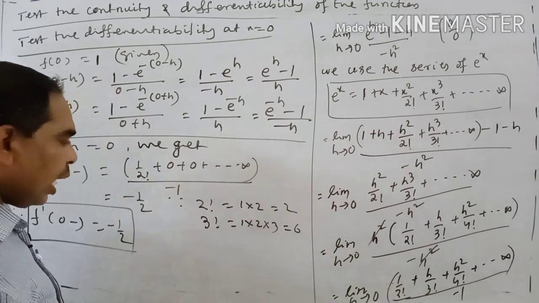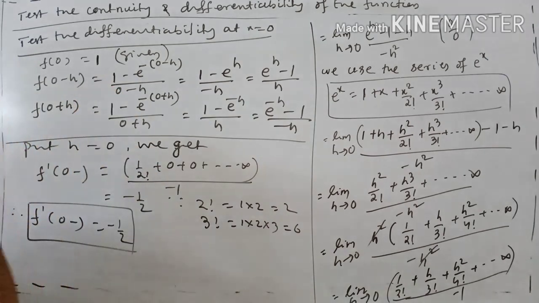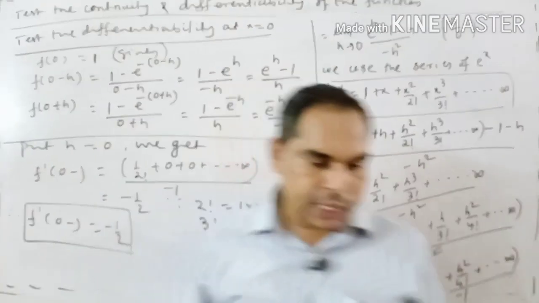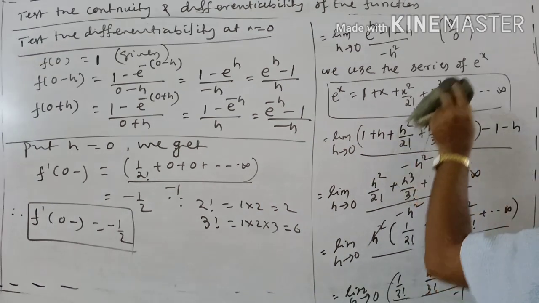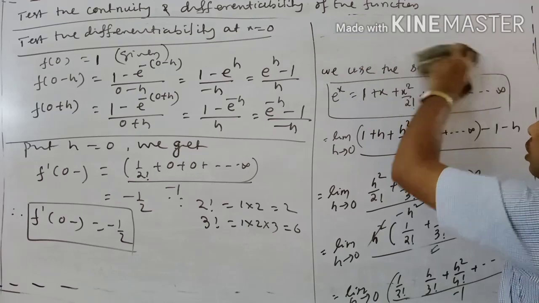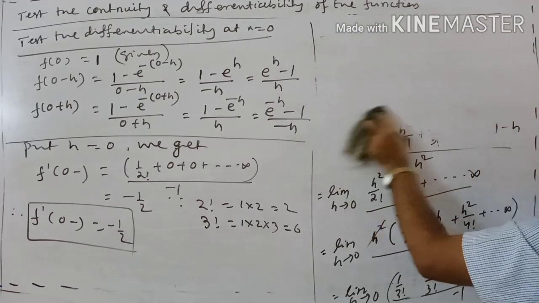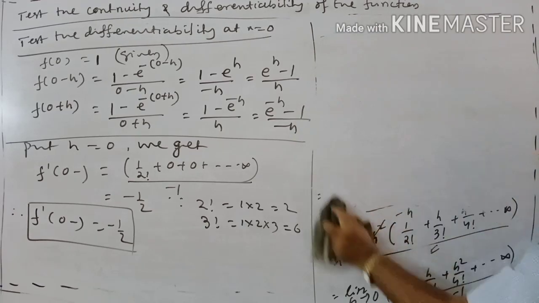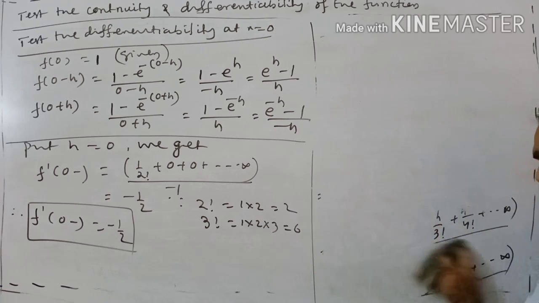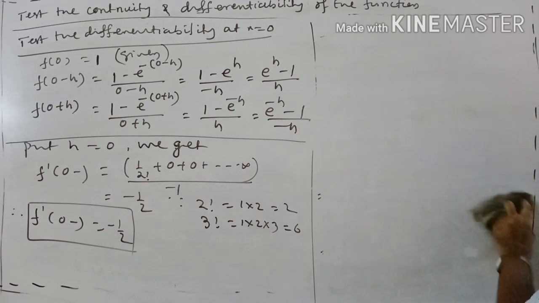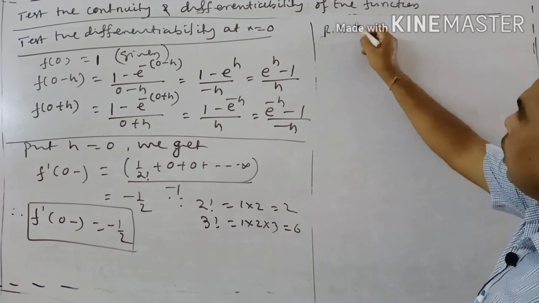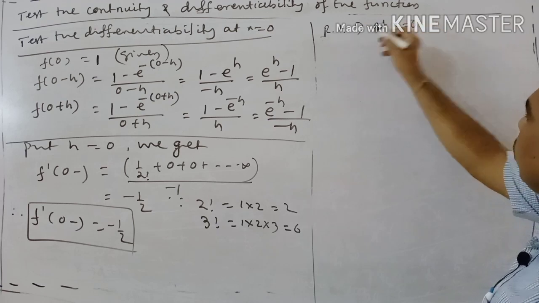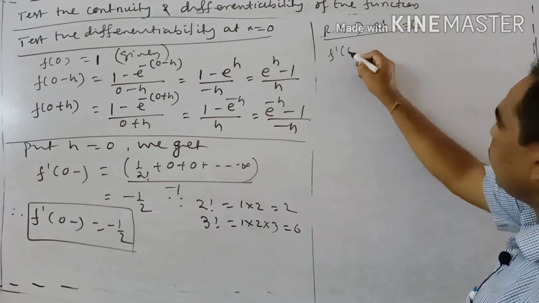Next, to find RHD at x is equal to 0. So f dash 0 plus.